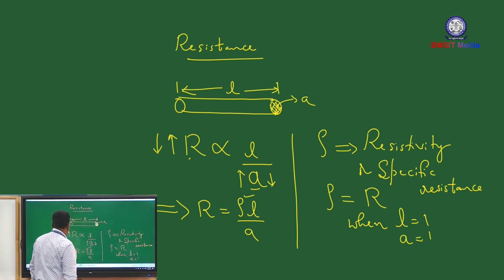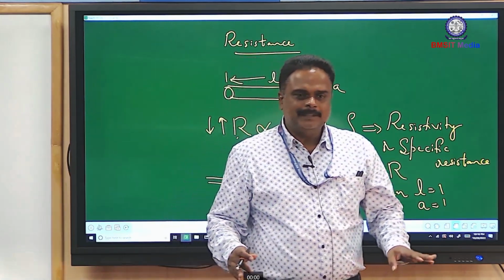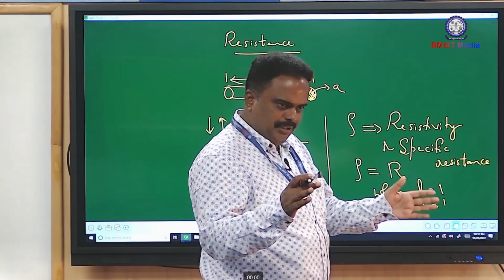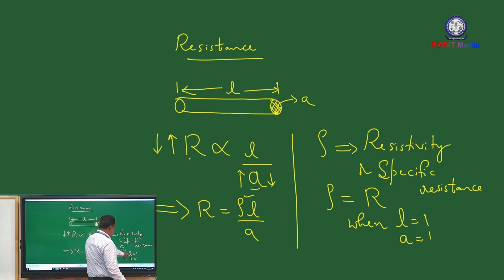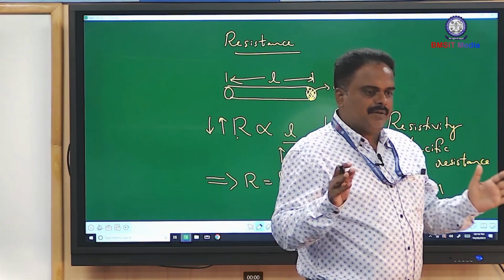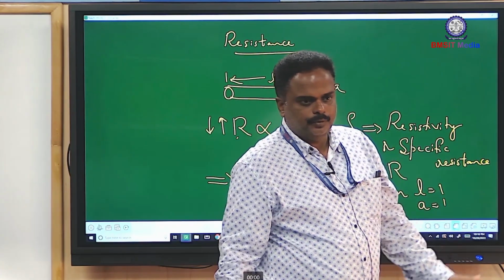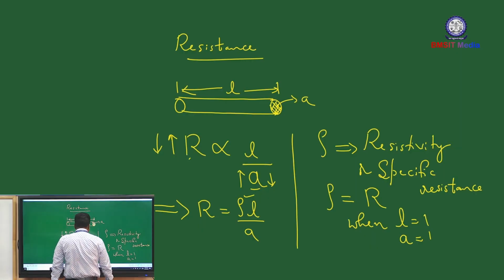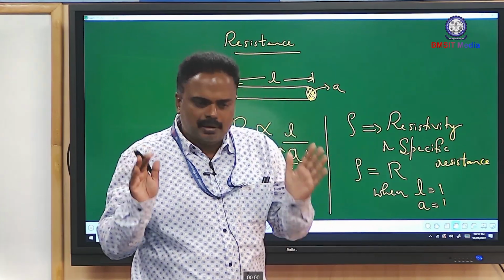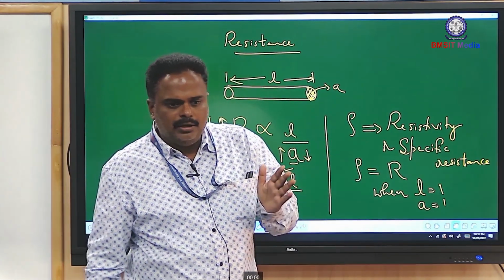Or in other words, the resistance offered by the unit volume of that material is called the resistivity or specific resistance.